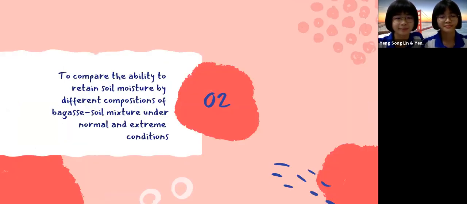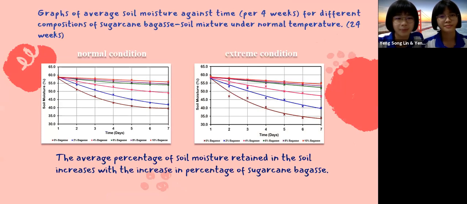For the second experiment, here we can see 2 graphs, which are the graphs of different compositions of bagasse soil mixtures and the soil moisture retained for 24 weeks. These different lines indicate the different compositions of bagasse in soil. The brown line indicates the control sample, which is the mixture that has no bagasse at all.